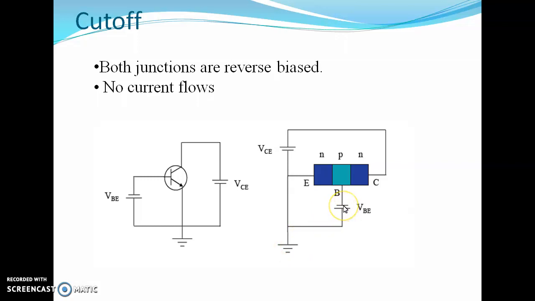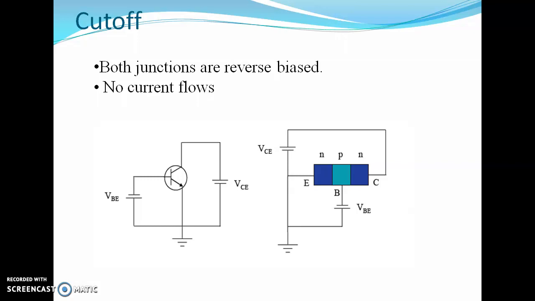The negative terminal of the DC source is connected to the base. The base is the P type material, and the positive terminal is connected to the emitter. For the other DC source, the positive terminal is connected to the collector, and the negative terminal is connected to the emitter. So that means both junctions, the NP junction and the PN junction, are in reverse bias.